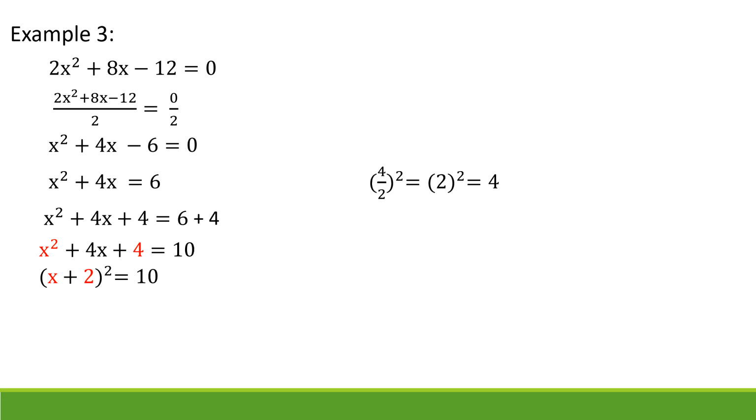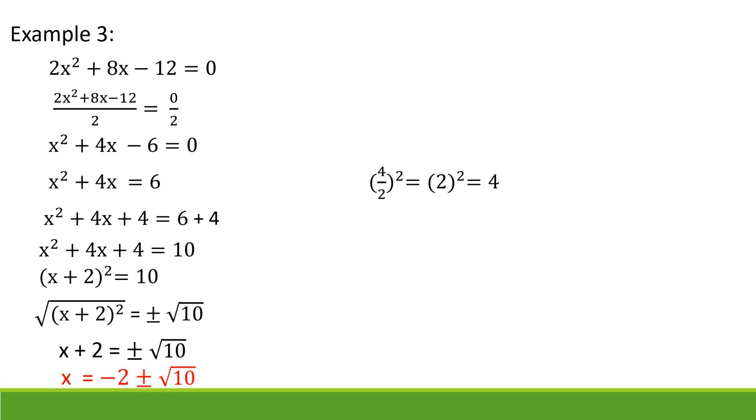Next, get the square root of both sides. And do not forget to write a positive and negative sign for the square root of the right side. The square root of x plus 2 squared is x plus 2, then plus or minus the square root of 10. Then transpose positive 2 to the right side, so it will become negative 2.